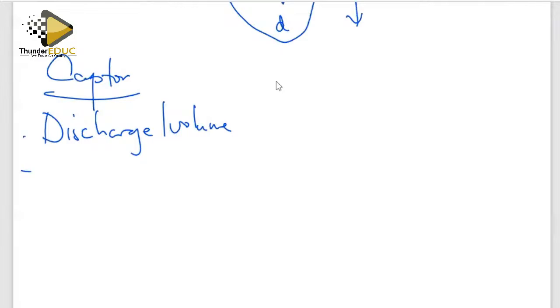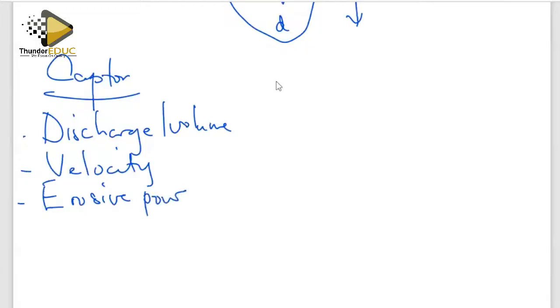We also want to analyze the velocity of the river. We might also need to analyze erosive power or erosion, and deposition.